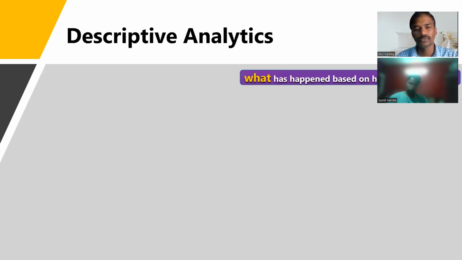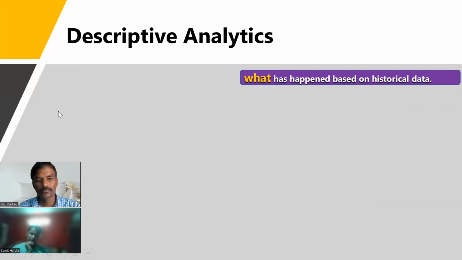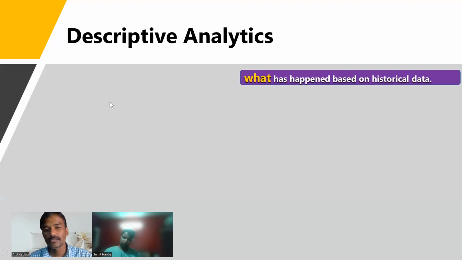When it comes to descriptive analytics, this is what has happened based on the historical data. Based on that data we can make predictions or reports, which can be helpful for a business to take decisions.